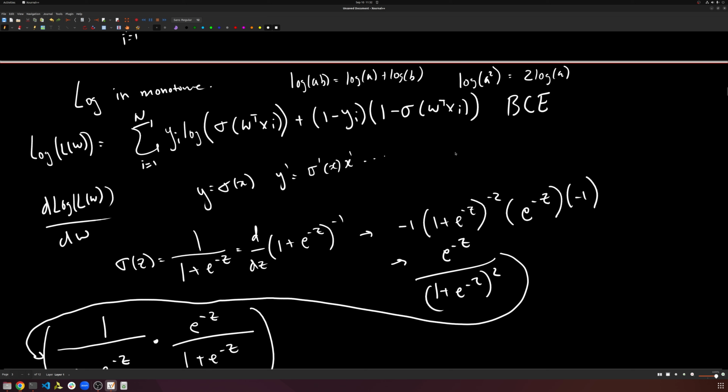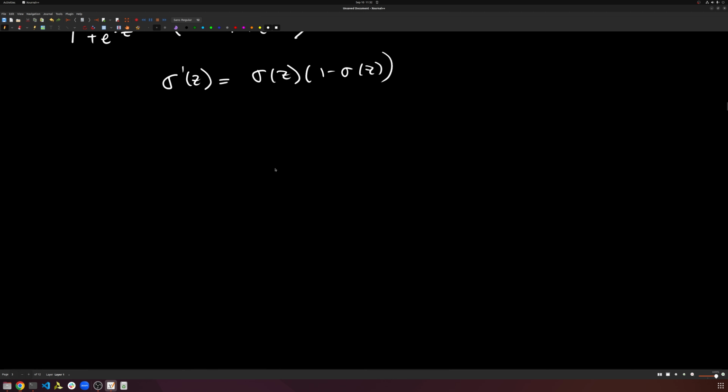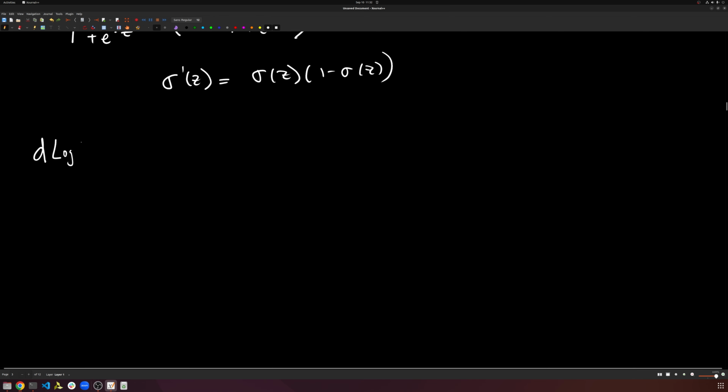That's basically the derivative of this whole function up here. So we have d of our log likelihood with respect to dwj. What is wj?